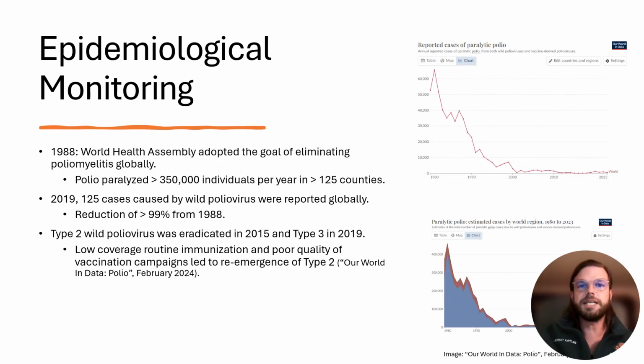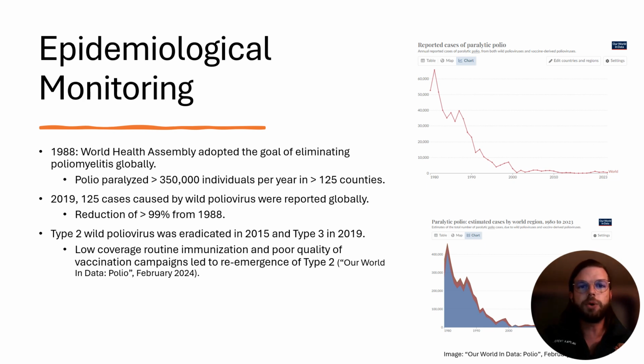Through success in the Americas in 1988, the World Health Assembly adopted the goal of eliminating poliomyelitis globally. In 1988, polio paralyzed over 350,000 individuals per year in over 125 countries. By 2019, only 125 cases caused by wild poliovirus were reported globally, a reduction of over 99% from 1988.